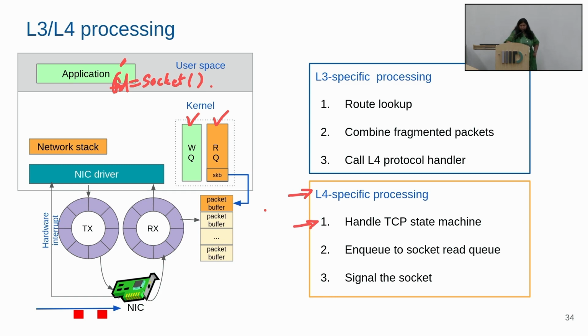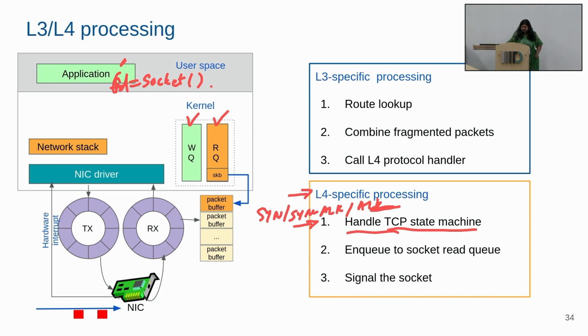And I hope everybody remembers the 3-way handshake, where SYN, SYN-ACK, ACK processing is done. This handling of the TCP state machine is never done by the application; it is managed directly within the kernel space. And who does it? The TCP module in the kernel. It handles the handshake. Only when the data arrives, that data is forwarded to the application.